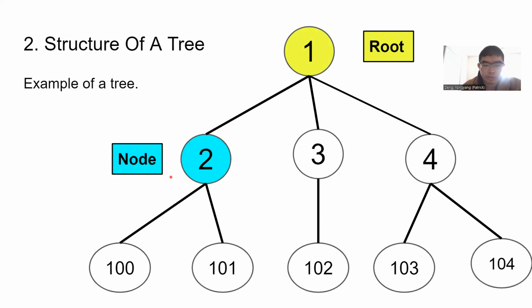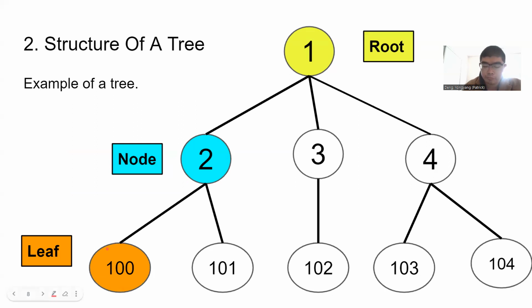And then we have the node. A node is where you have a root and then branches, and the dot that connects the main branch to the sub-branches is called a node. The node is where I store the data. It is the container that stores data and connects between the root and the branches.